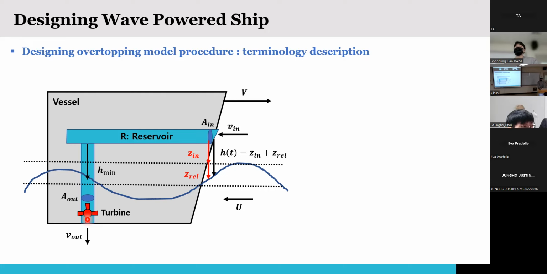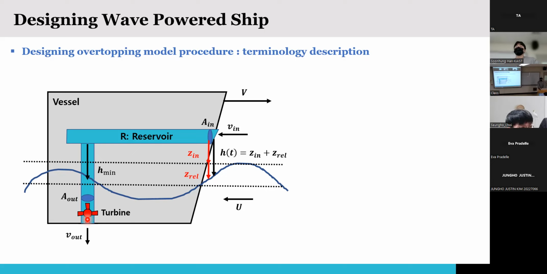Right, then my question and comment. From this picture, you need to think about water flowing in the reverse way, when the wave height at the outlet side is higher than the opening. Then water can flow the reverse way.